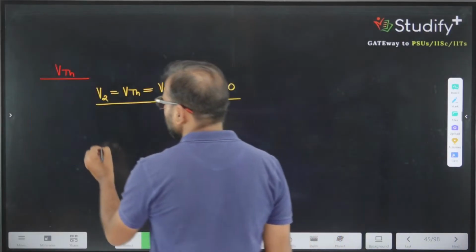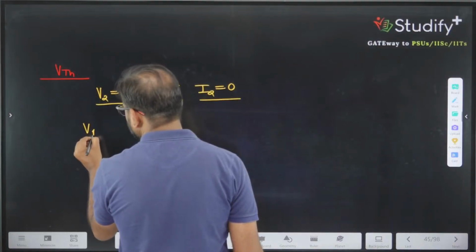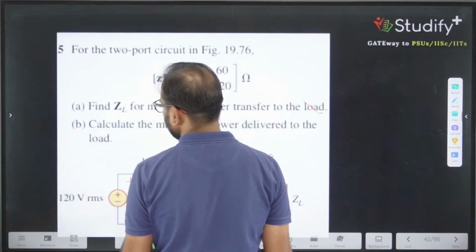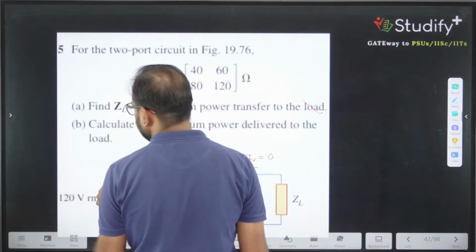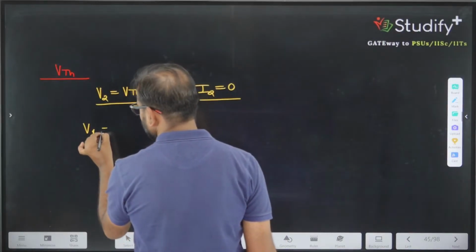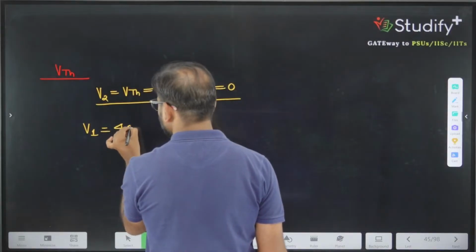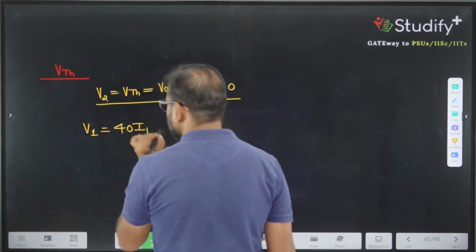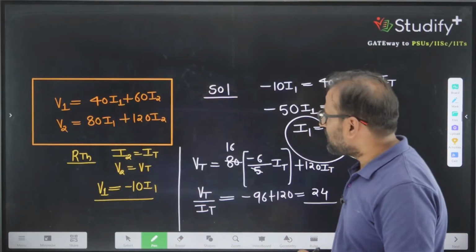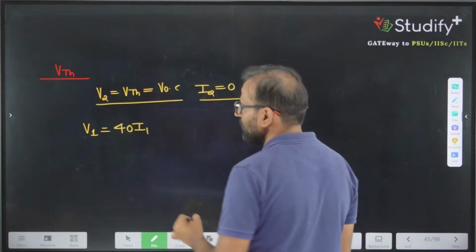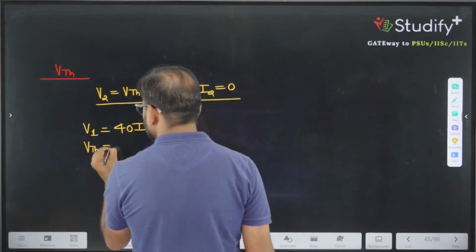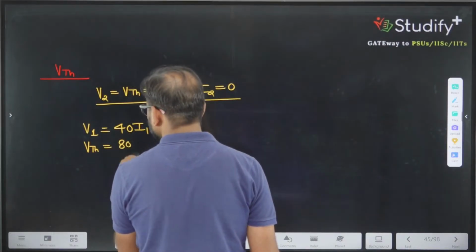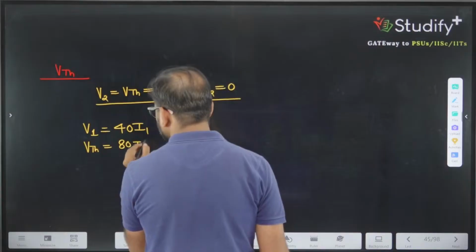So the relationship we have is V1 equal to 40 I1, equation number 1. What is the next equation? V2, the open circuit voltage VTH, equal to 80 times I1.